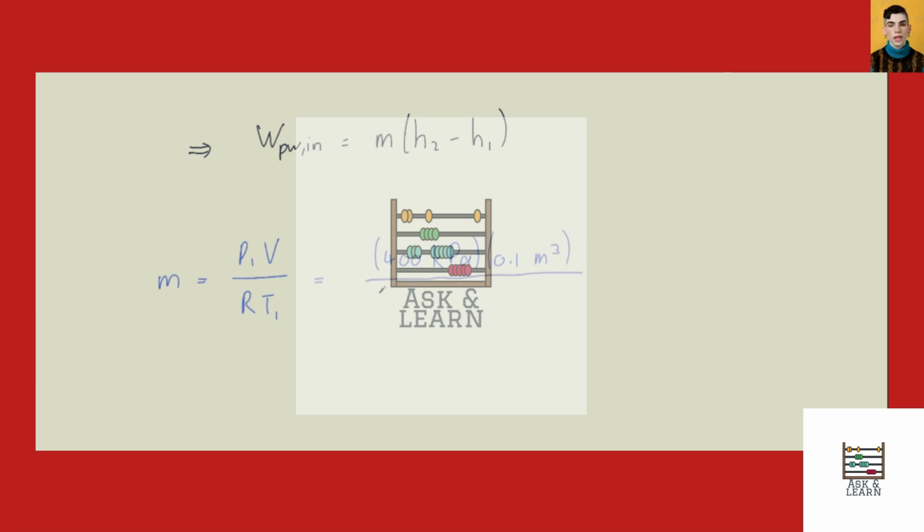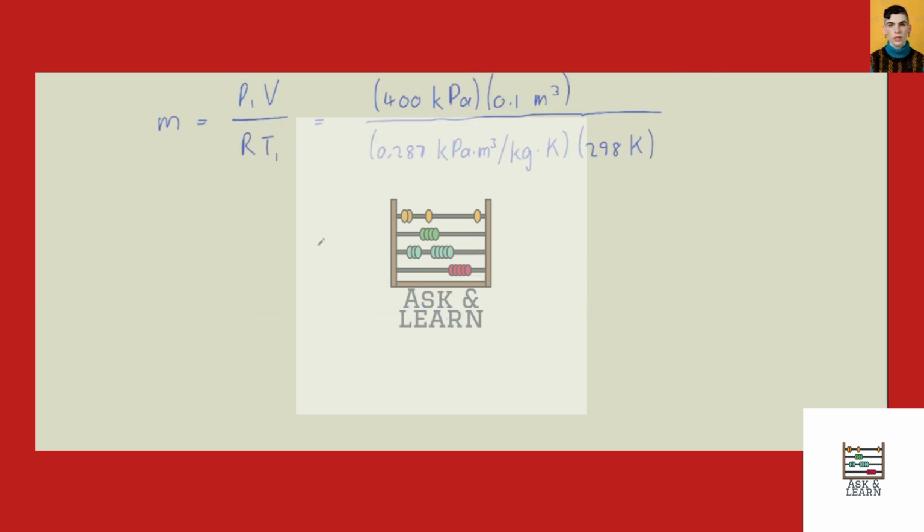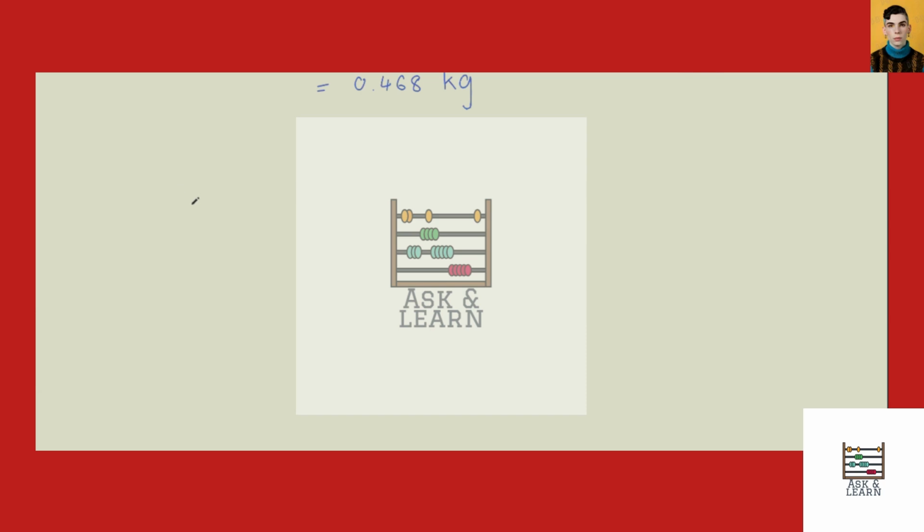This is divided by R, which is 0.287 kilopascal meter cubed per kg Kelvin, times the initial temperature, which is 298 Kelvin. Hence, we get the mass of air to be 0.468 kg.